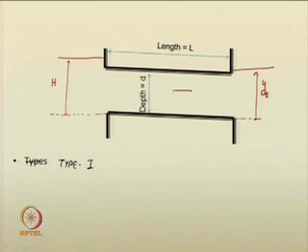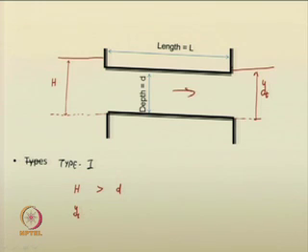Flow is occurring in this direction from upstream to downstream. So, here this is called type 1. You can see H, the headwater depth, is greater than D, the depth of the culvert.